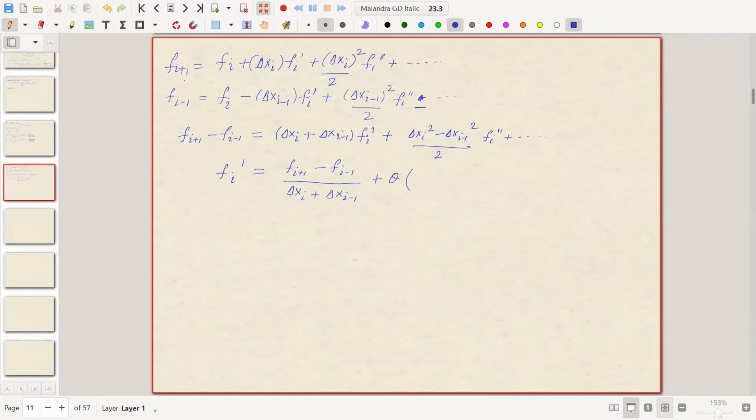See, the order term on the right side is like b squared minus a squared, so it can be written as b plus a into b minus a. When you divide, what will prevail? b minus a, because b plus a in numerator and denominator cancels. So b minus a prevails. What is b minus a?